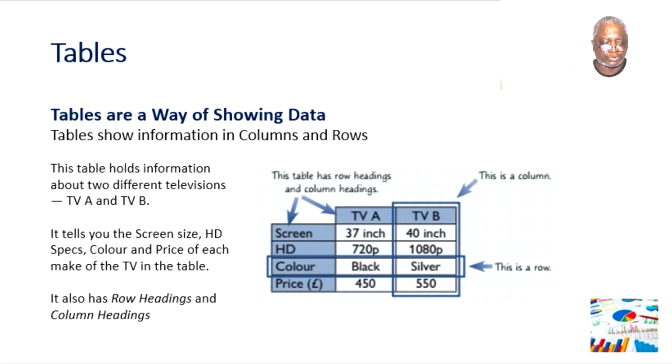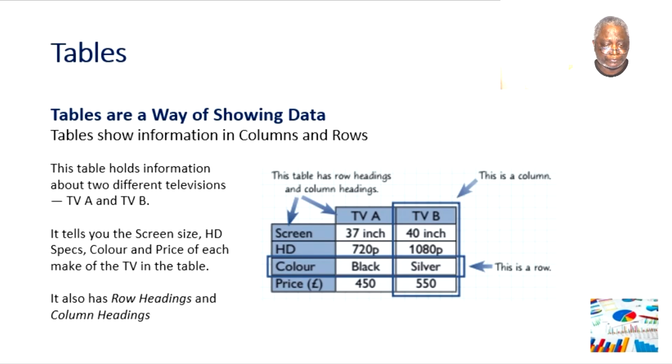We start with tables. Tables are a way of showing information. They show information in columns and rows. This table on the right holds information about two different televisions, TVA and TVB. It tells you the screen size, HD specs, colors, and prices of each make of the TV.